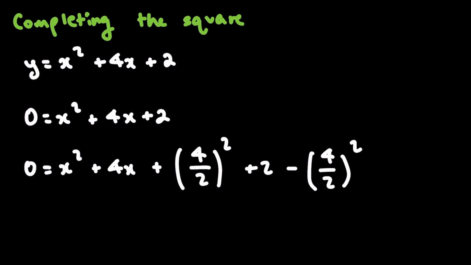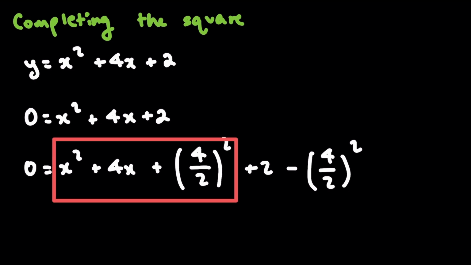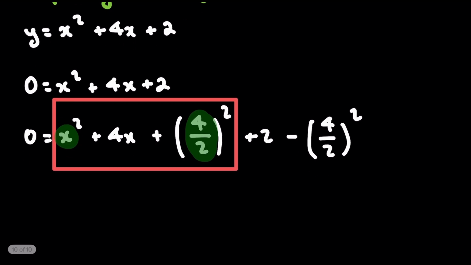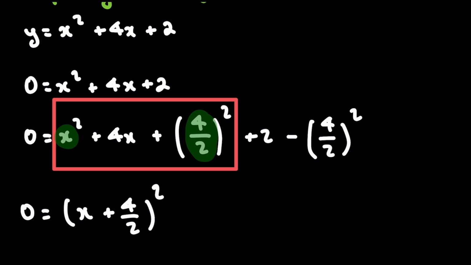Now I can focus on the first three terms. You can notice that it's actually a perfect square. If you don't know what a perfect square is, it means I can square a number or a term and not have any remainder left over. The way we factorize these first three terms, and this applies every time you complete the square, is I copy down x plus 4 over 2 and square the whole thing.